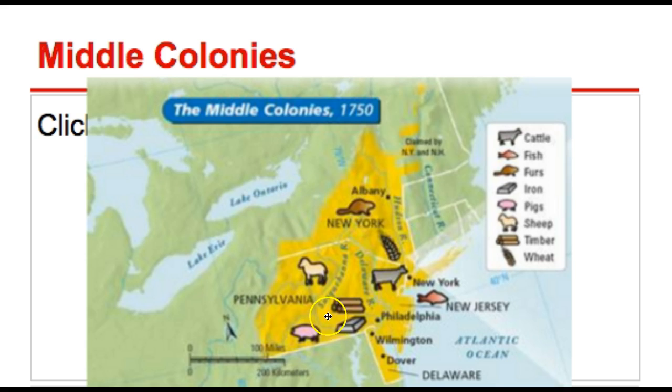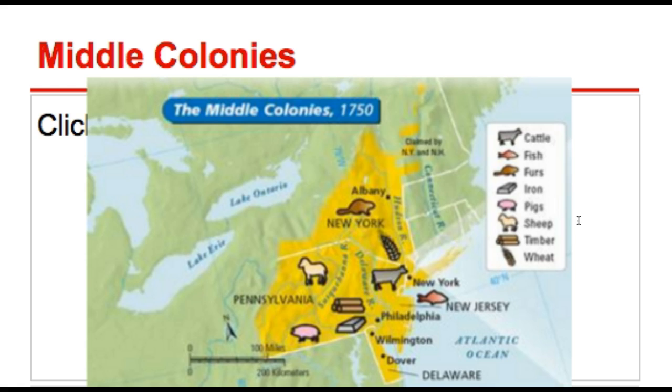The Middle Colonies, as you can see from this map, are obviously a bridge. They're that bridge economically too between the New England and Southern colonies. They get some of the same economic contributions. So not only are they a physical bridge, but they're economically as well.